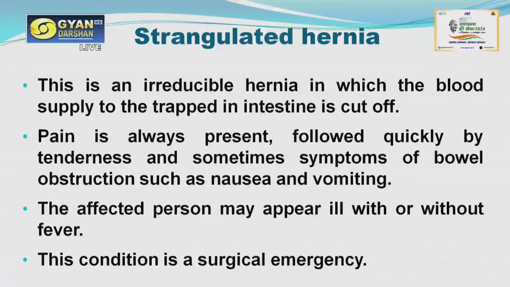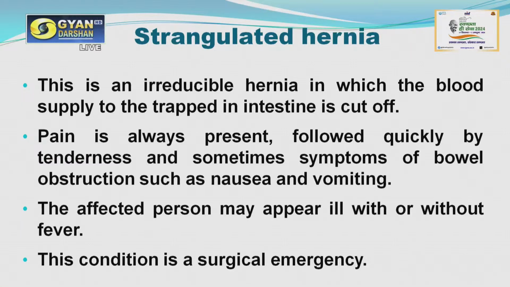The other type of hernia is the strangulated hernia. This is again an irreducible hernia in which the blood supply to the trapped tissues in the intestine is cut off. There is no blood supply and pain is always present, and the patient will complain of pain followed quickly by tenderness, and sometimes symptoms of bowel obstruction, nausea and vomiting will be there.